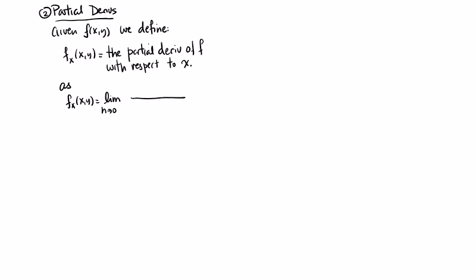is this. So take a second to read through this. This looks somewhat like the definition of the regular derivative, but what we're saying in this definition is that we're only interested in x changing. Right? Only x changes. Y does not, right? I have a y here and a y here.